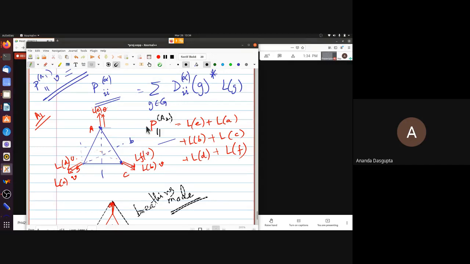For that, you need the matrix elements once again for A2. But what are the matrix elements for A2? Anybody remember them? The other one-dimensional representation. 1, 1, 1, minus 1, minus 1, minus 1. Yeah. So +1 for all the rotations, -1 for the reflections.